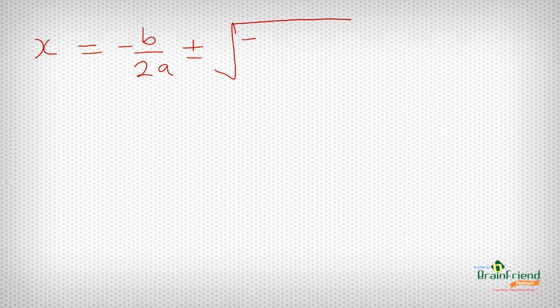Okay, remember from the last equation, what we had is x is equal to minus b over 2a plus or minus square root of minus 4ac plus b squared all over 4a squared, right?